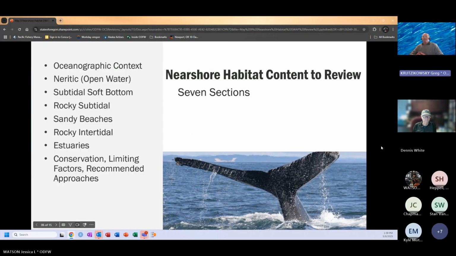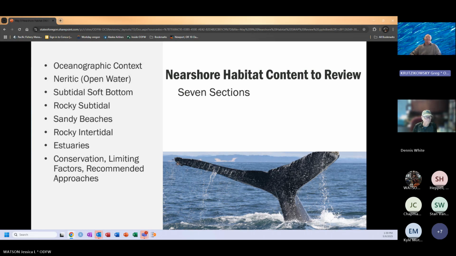So again, there are seven sections in this habitat content for the nearshore. First, we place the marine habitat in its oceanographic context, and we utilize the CMECS system, which is a national standard for describing marine and estuarine habitats, and it's a whole system there.